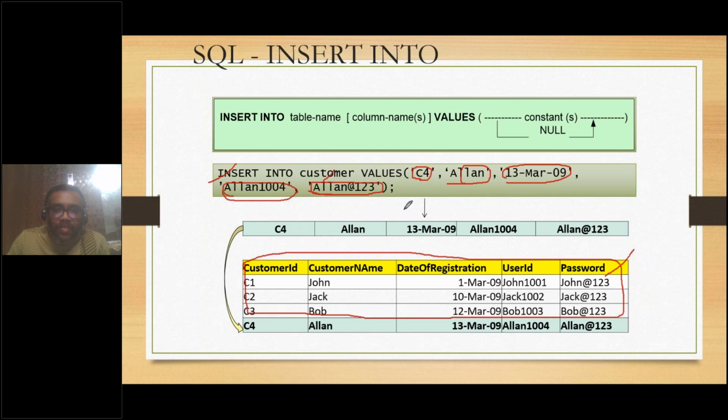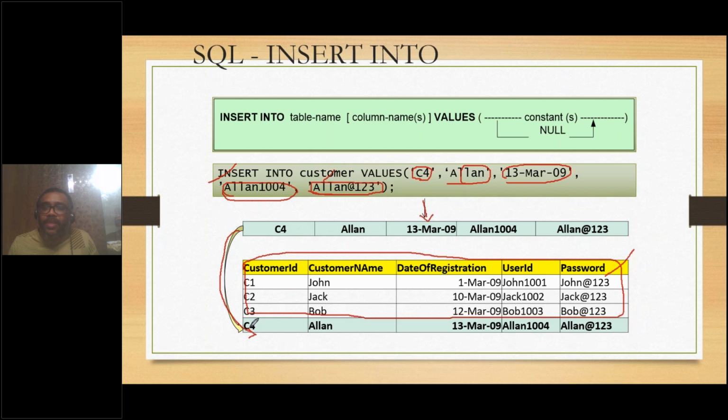Where are these values going to be stored? My table already contains 3 records, so this data is going to be stored as a fourth record. Management is the responsibility of the DBMS. You just say, hey DBMS, please insert this data. Where the data has to be inserted is taken care of by your DBMS.